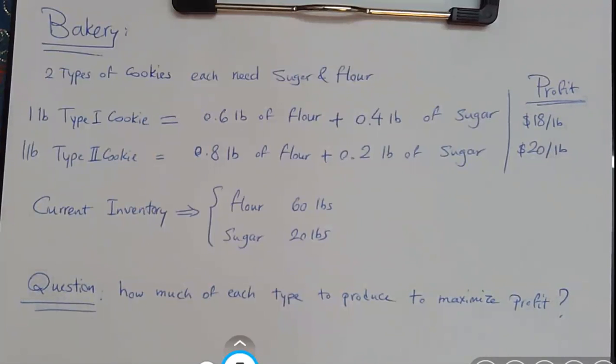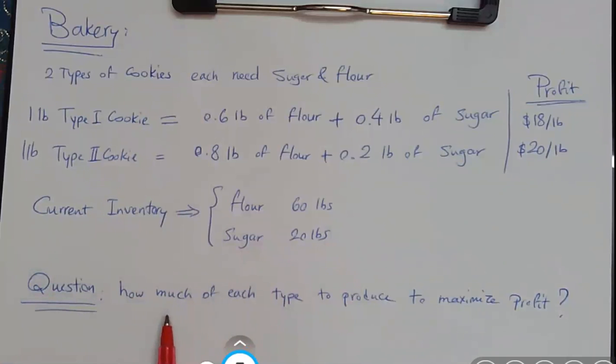We have limited inventory of flour and sugar currently. Let's say we have 60 pounds of flour currently in stock, and we have 20 pounds of sugar currently available. These are my limitations. So the managerial decision that we want to make is as follows.